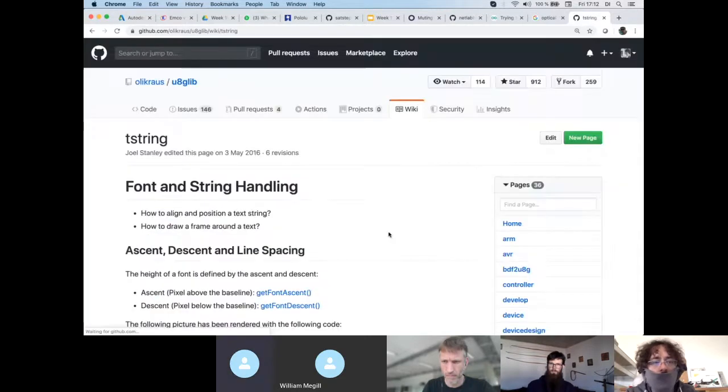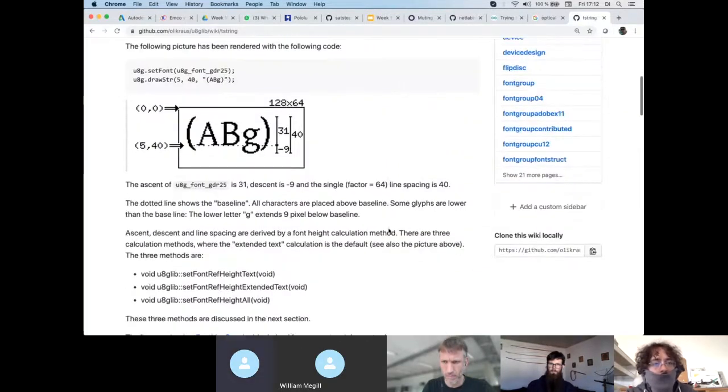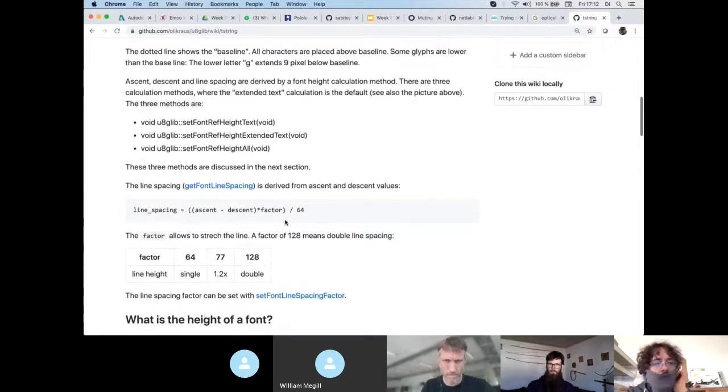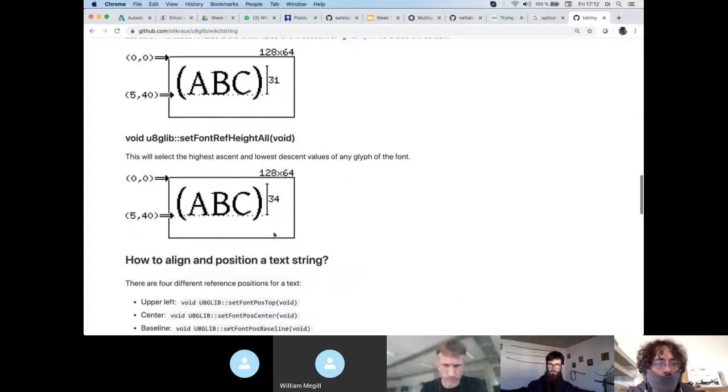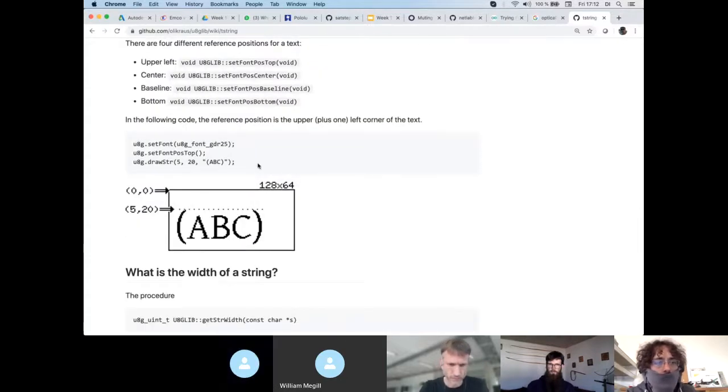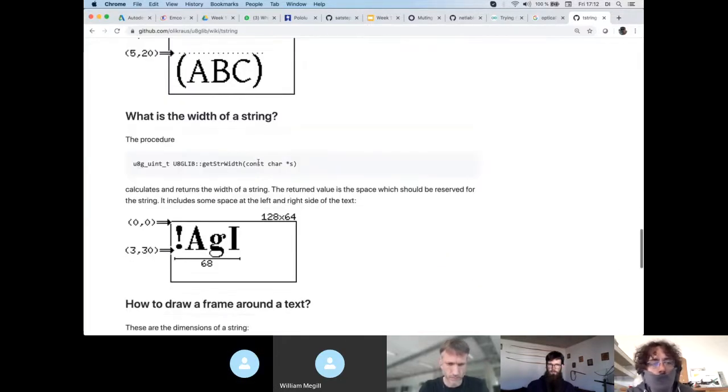So this is the size of the display, 128 times 64. Here you can work with the dimension of the characters or of the things that you want. You can set the font, for example, over here, define the pixel height and so on. It's really easy and simple to use.